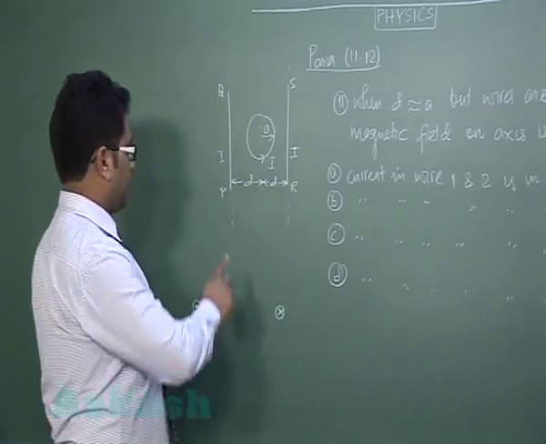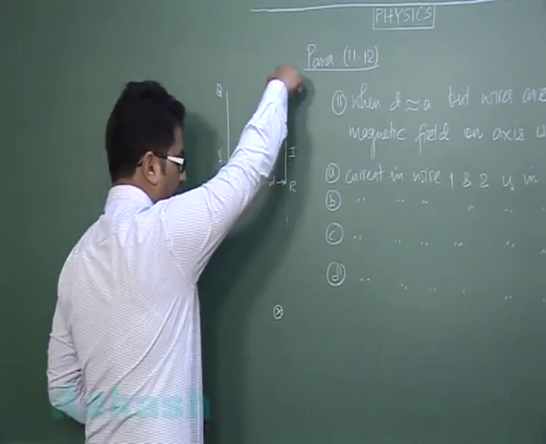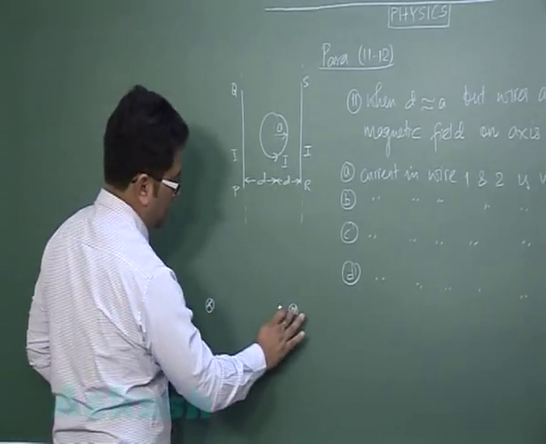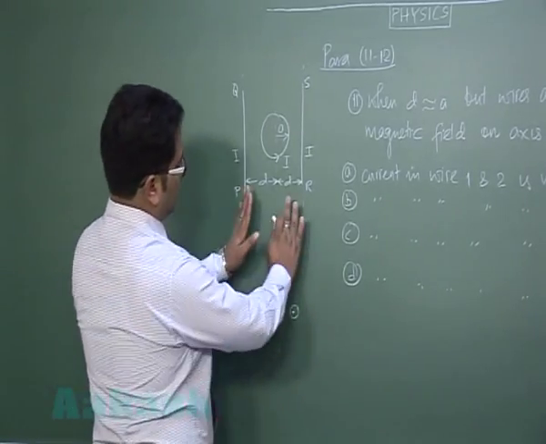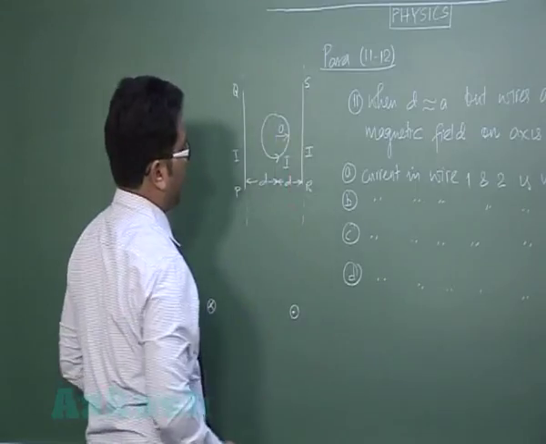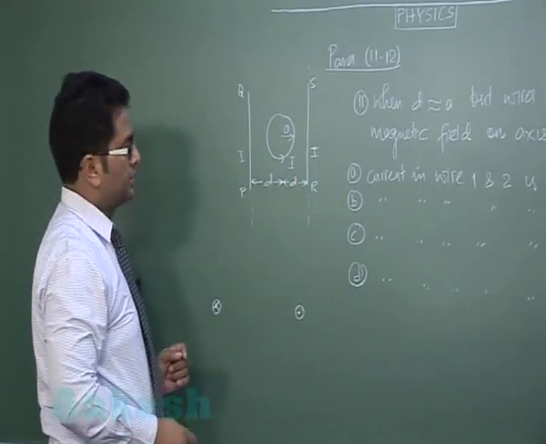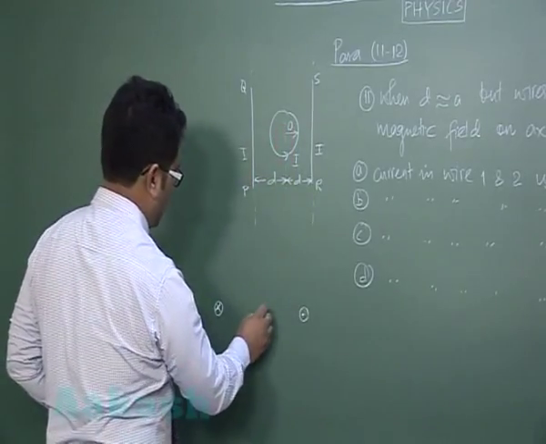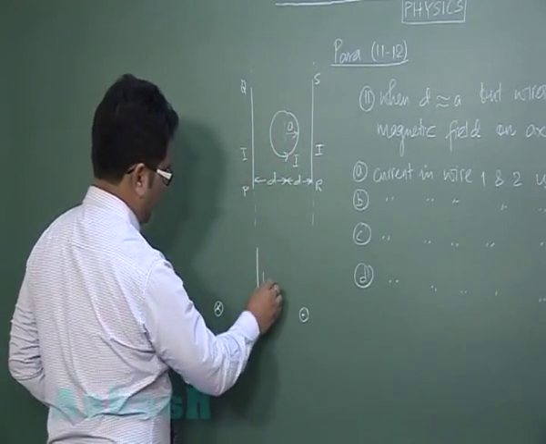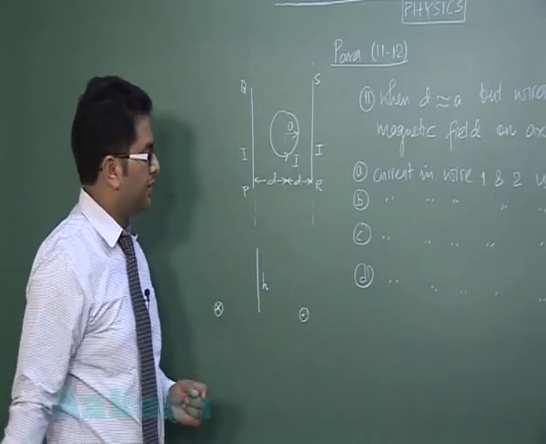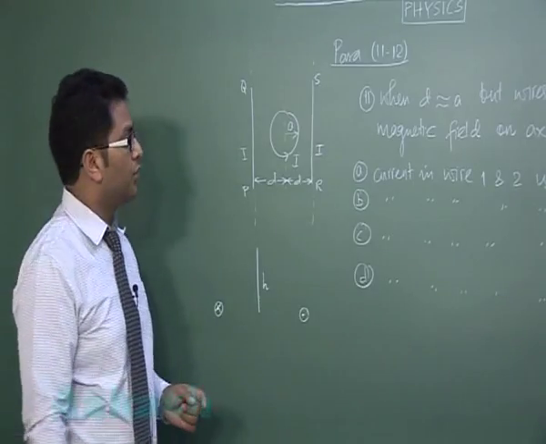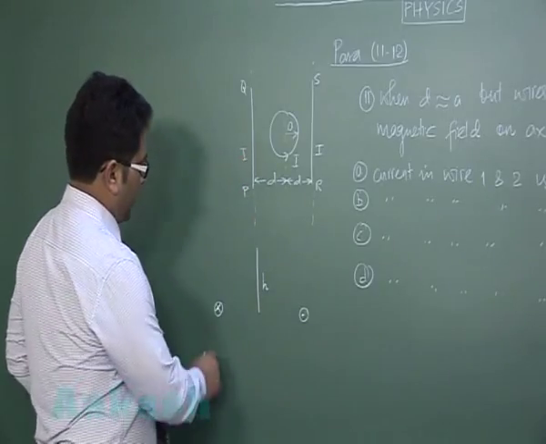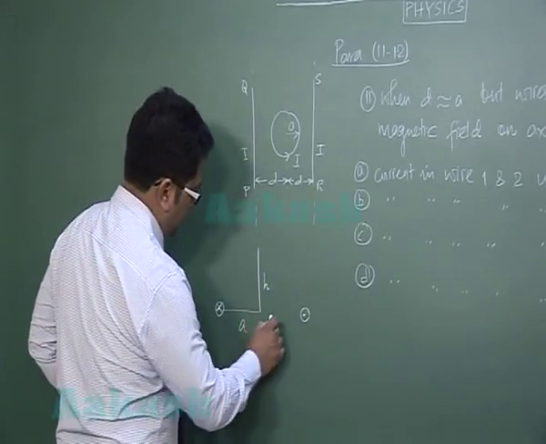What is the direction we have seen from P to Q and from S to R. So P to Q would be cross and S to R would be dot if you see from this side, PQSR. Then at a height h we got to calculate. I changed the view. At a height h we saw from this side. And quite obviously this is A, this is A.